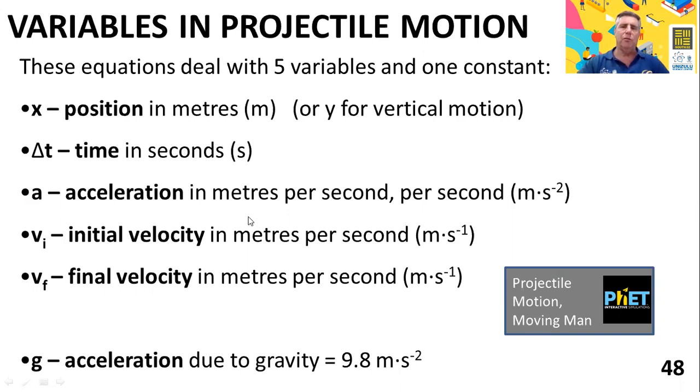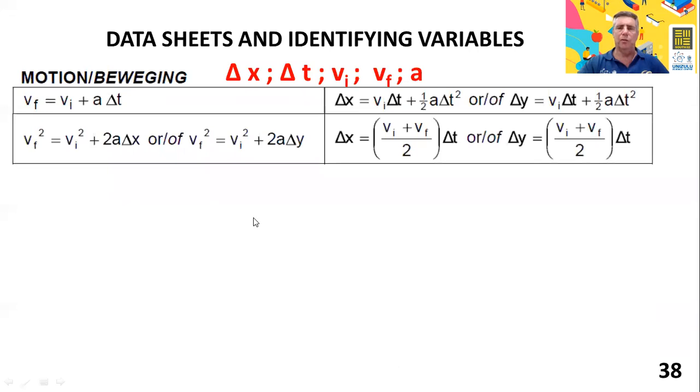So let's go back to our equations in our data sheet on page 38. We have these 4 equations of motion, and there are 5 variables. Now, the way to choose an equation is often not by what is in the equation, but rather by what is not in the equation. Let me explain what I mean.